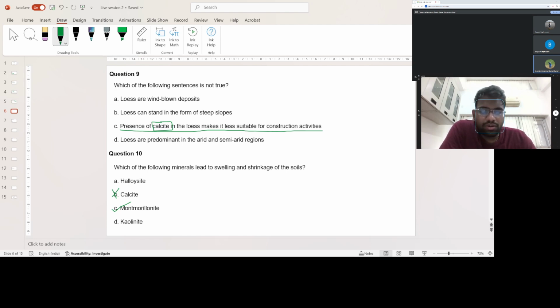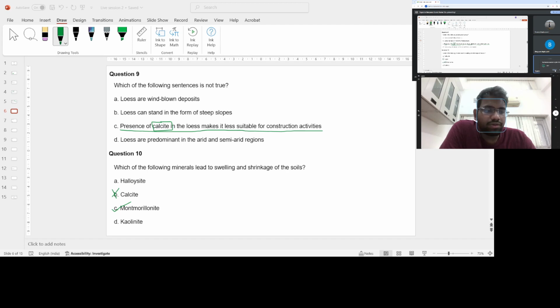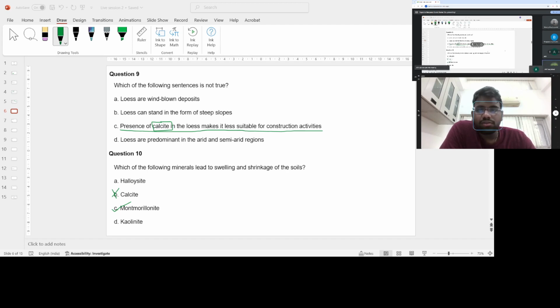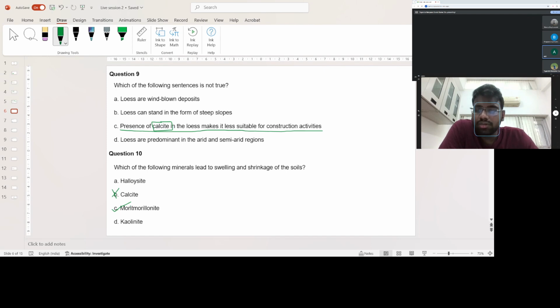Even though kaolinite and halloysite do swell to an extent, they don't have that significant an effect. So that is why the more suitable answer is Montmorillonite. I hope I'm clear.